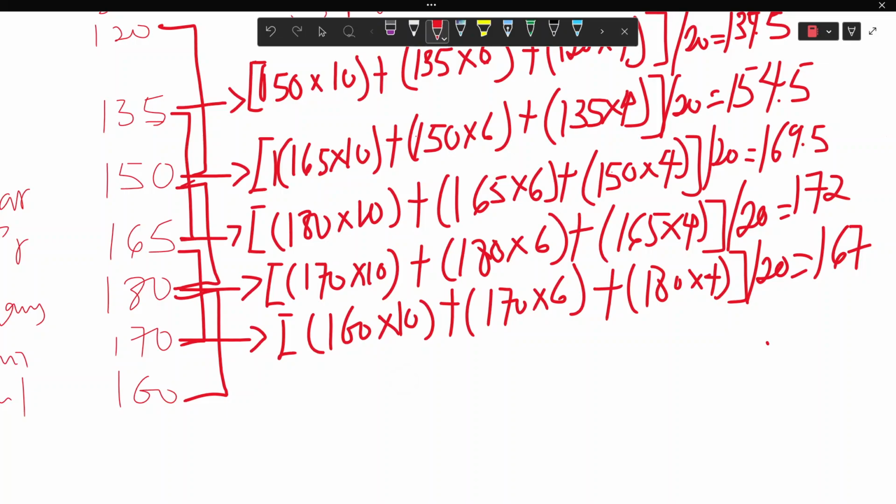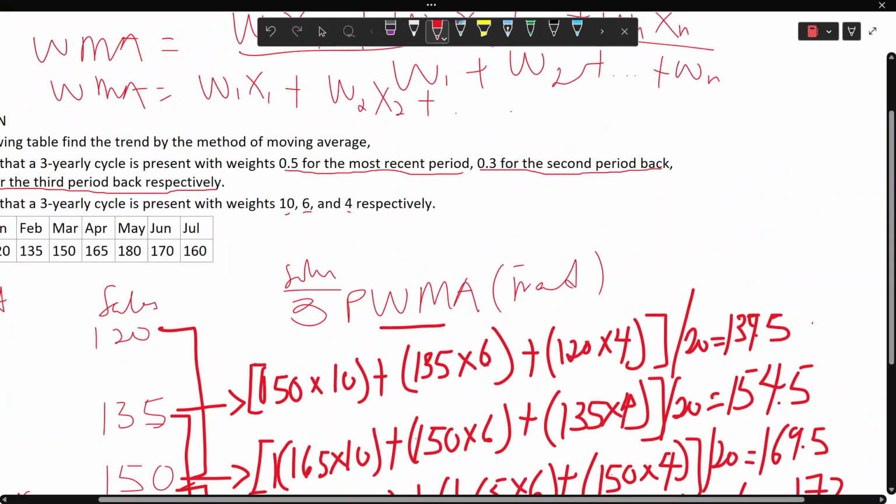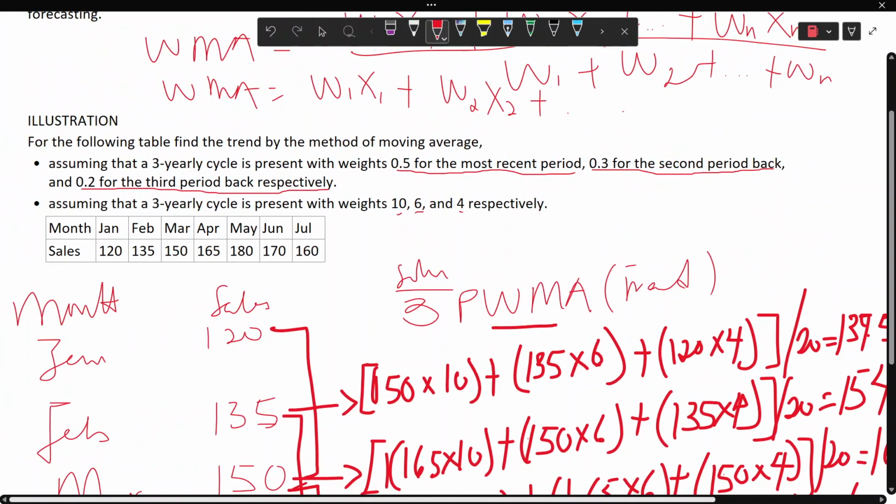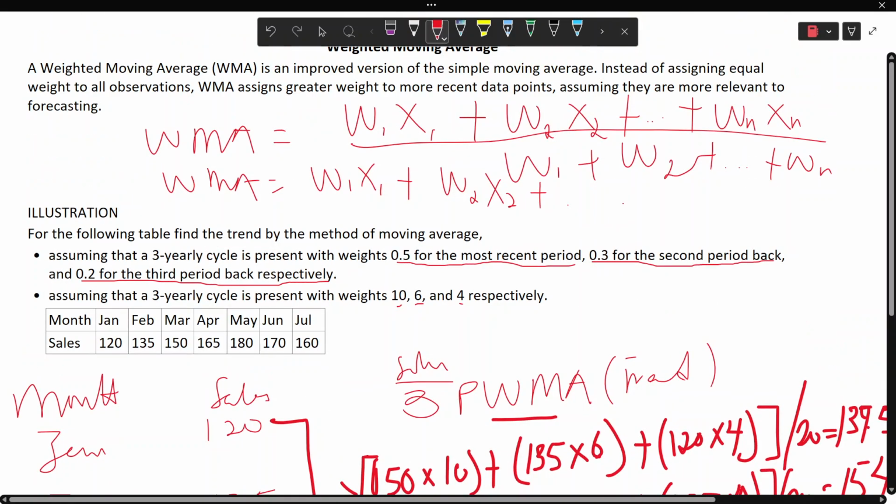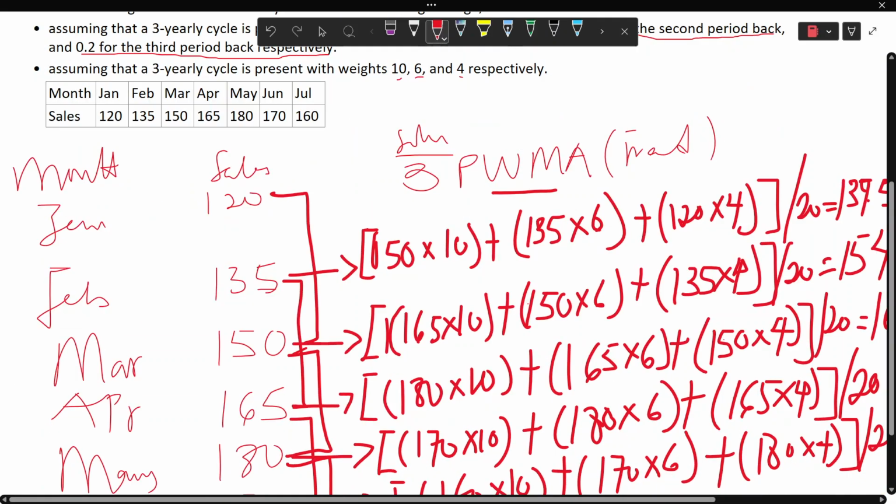So basically for the last month too, there's nothing there. So this is how we go about using the weighted moving average method.